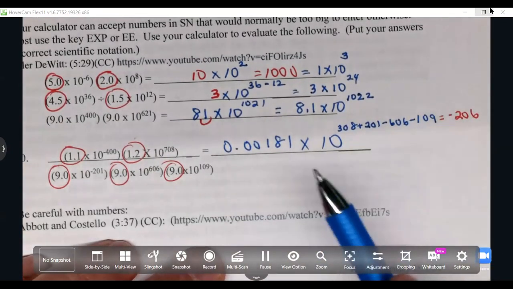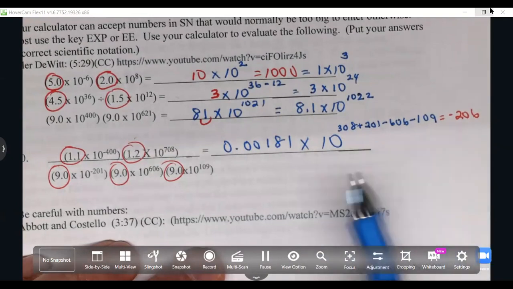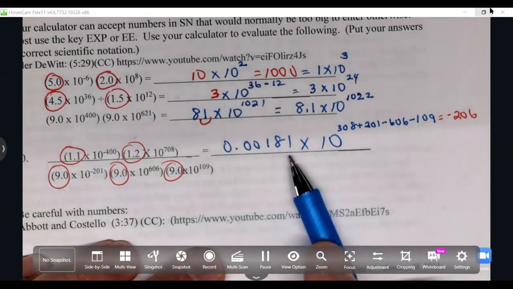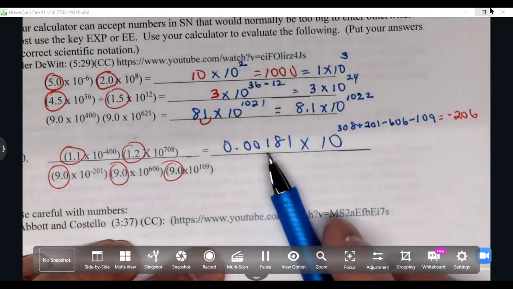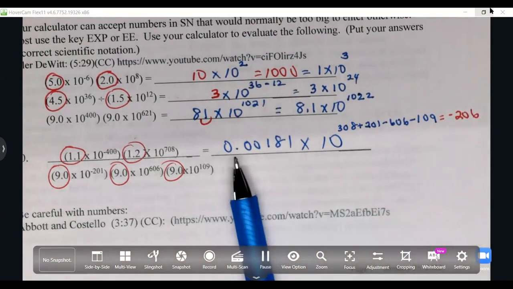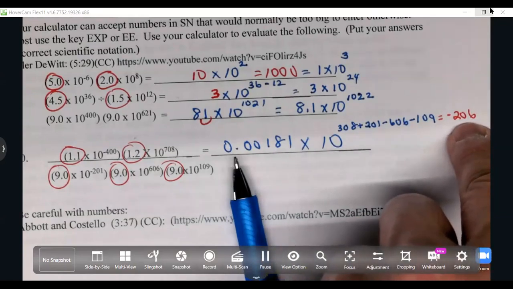But we still have to put this in correct scientific notation, because we cannot leave this as 0.00181. So this is where you have to think this out. If I leave this just the way it is, I would take that decimal and move it to the left 206 places, correct?